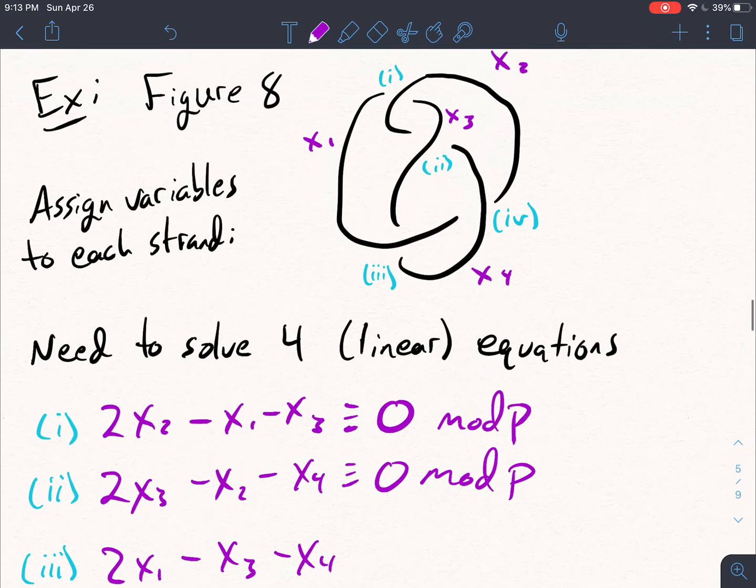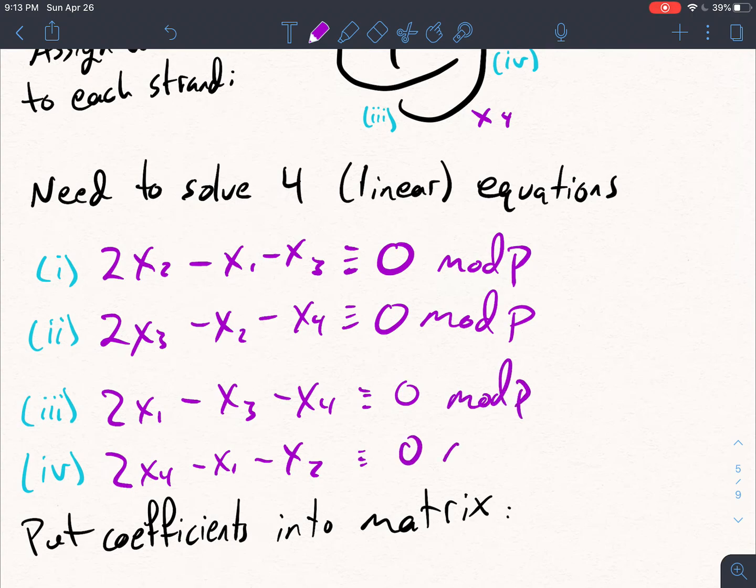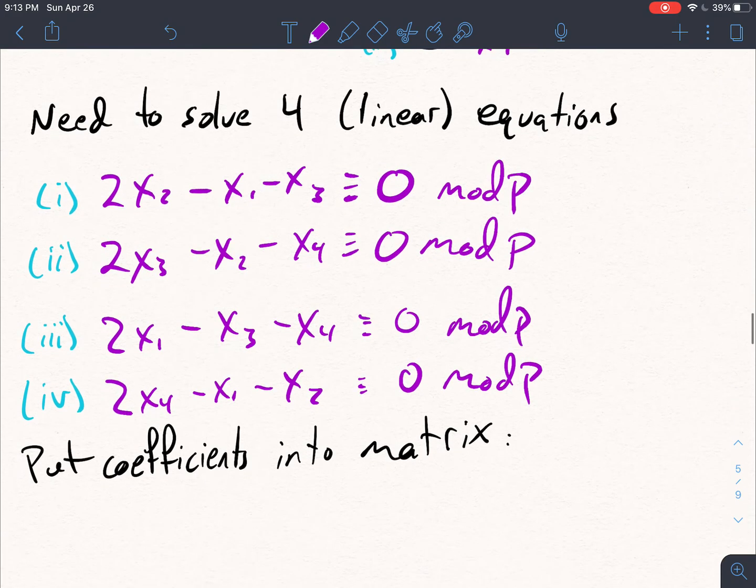The third one, my overstrand is x1, so I get 2x1 minus my understrands, x3 and x4. And then for the fourth one, my overstrand is x4 and my understrands are x2 and x1. So I get 2x4 minus x1 minus x2. And these are all congruent to 0 mod p.